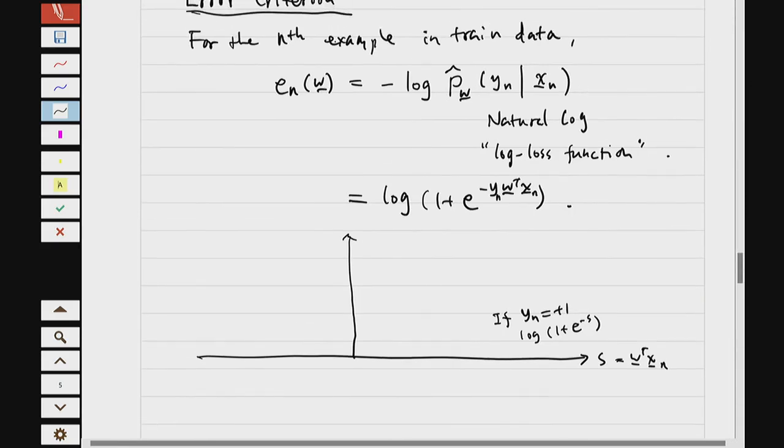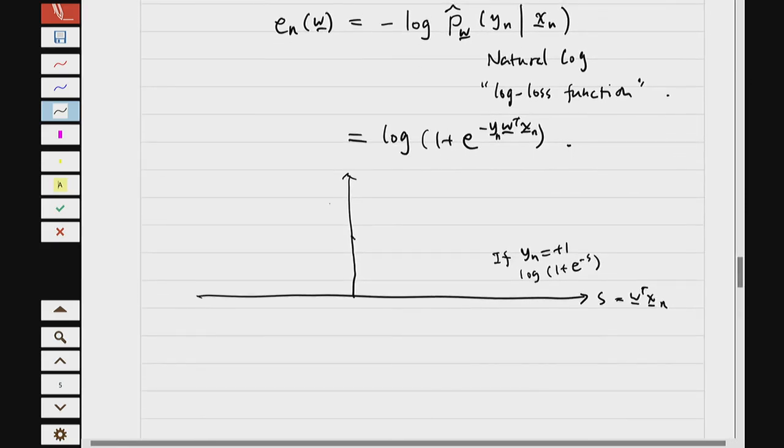It looks like this, I guess. And likewise, if y_n is negative 1, what does it look like? Now this exponent becomes plus, 1 plus e to the s, so it goes up like that. Nice form like this. So this is the case if y_n is negative 1. So you have log of 1 plus e to the plus s like this.